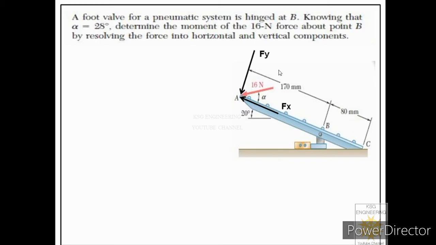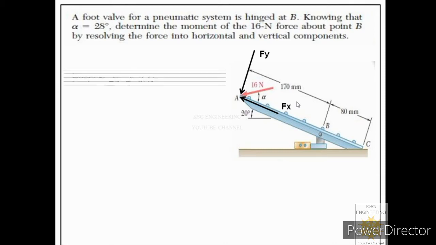If the moment generated by any force is clockwise, we consider that moment as negative, and if it is anti-clockwise, we consider it as positive. But we don't focus on the directions of the forces or the components for positive or negative sign. You should keep this in mind whenever you are solving any problem on the moment of a force.